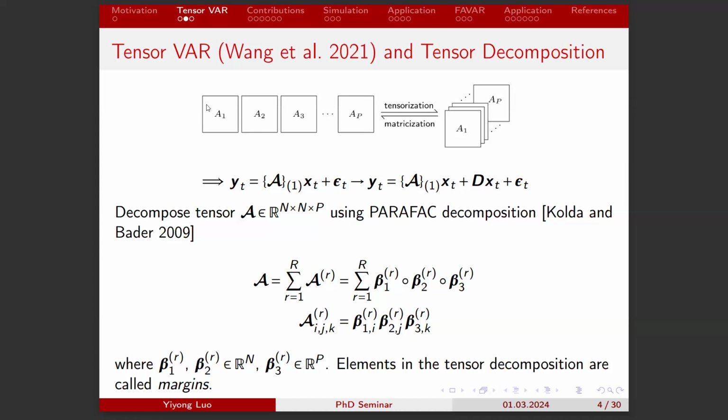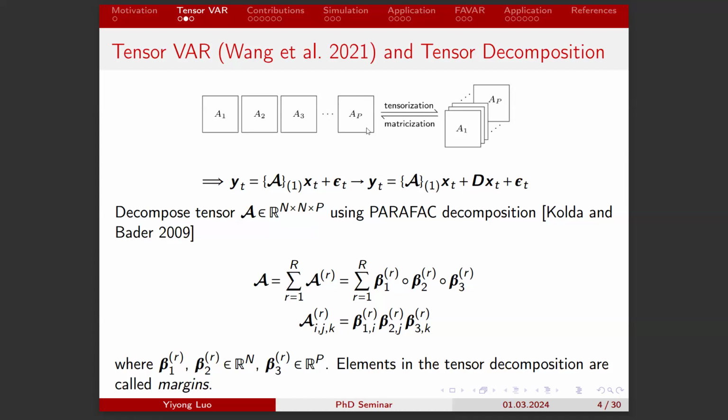Let's take a look at the left-hand side of this figure. You have your coefficient matrix, stacking all the matrices A_1 to A_p horizontally. You can tensorize this coefficient matrix by adding one more dimension to the parameter space and stacking the submatrices A_1 to A_p in this direction. So now you get a 3D structure.